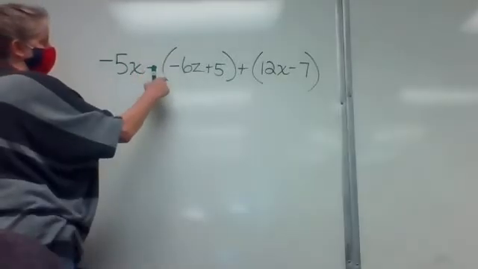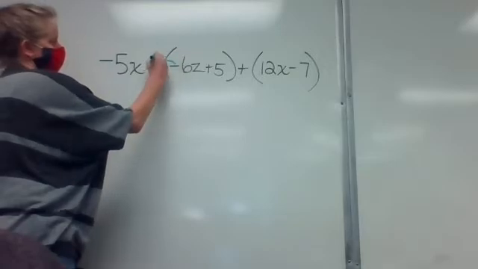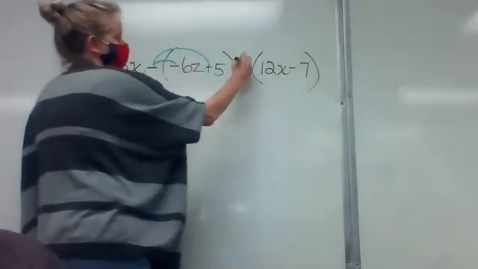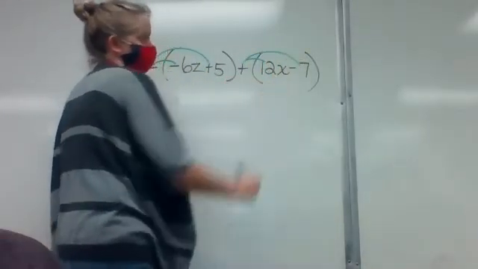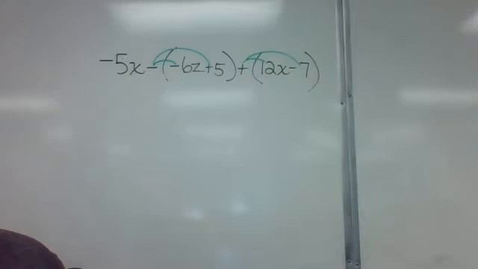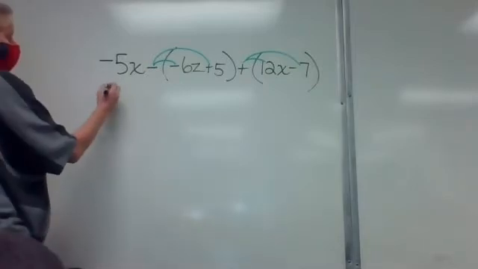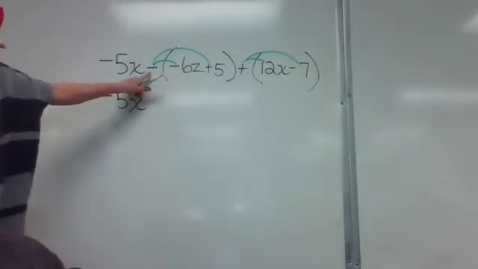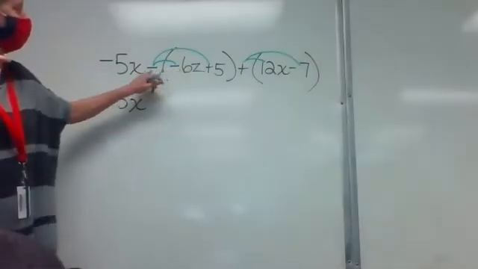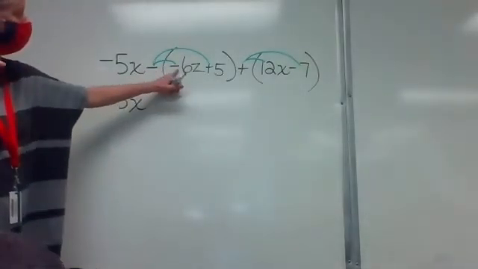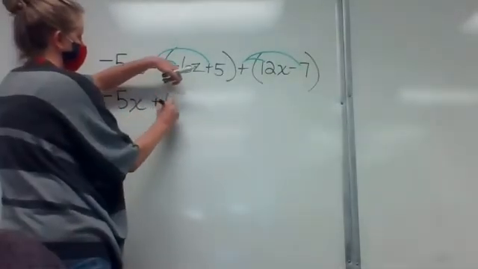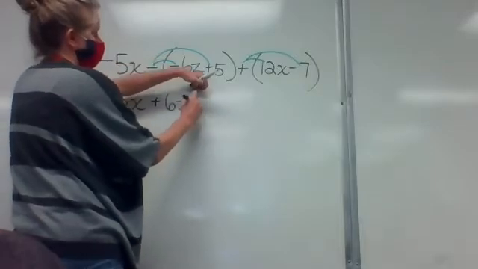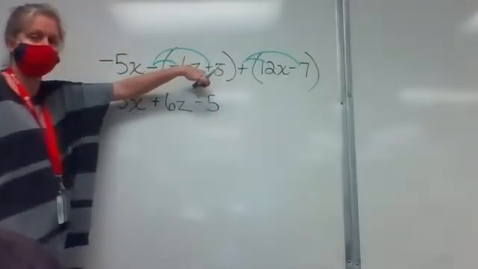What's bumping up against this one? The negative. Bumping up against this one is the positive. So that's what I'm distributing there. This negative 5x will just come down. Distributing a negative changes sign, so it's going to change this to a positive 6z and this to a negative 5.